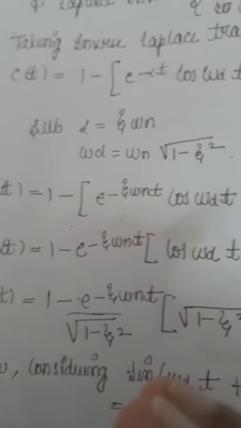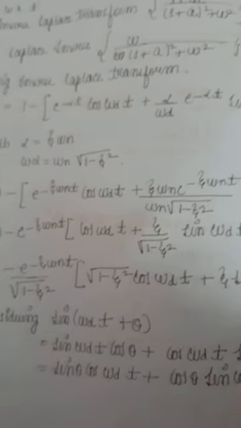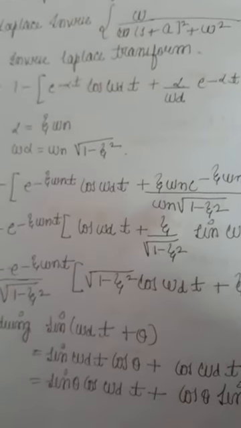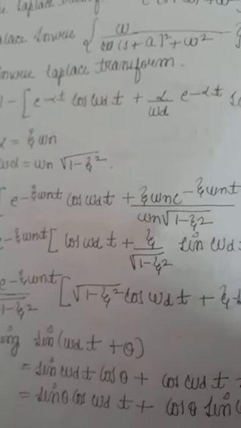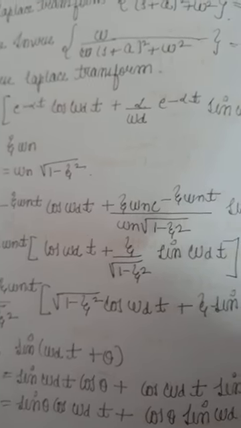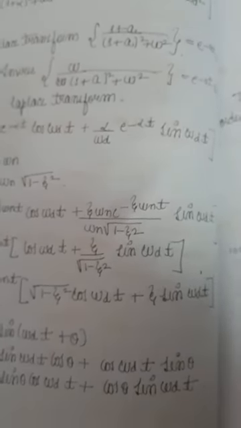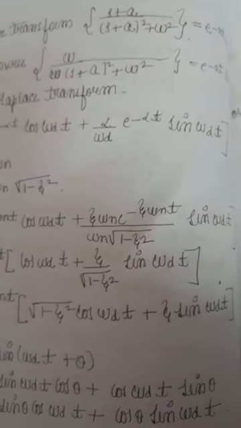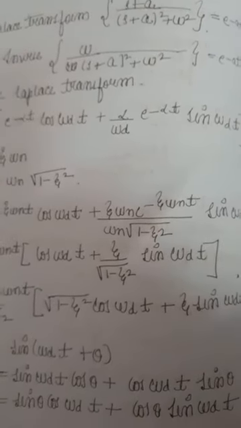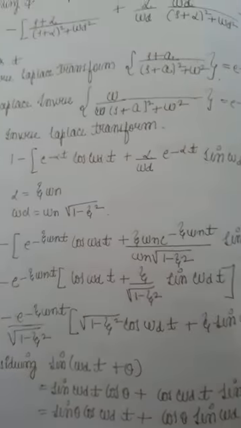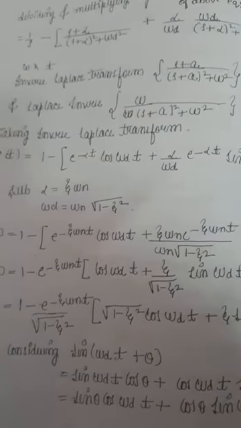Okay, so if we substitute in the above equation, c(t) is equal to 1 minus [e^(−αt) cos ωd t plus (α/ωd) e^(−αt) sin ωd t]. So after substituting the inverse Laplace transform, the equation will be like this.